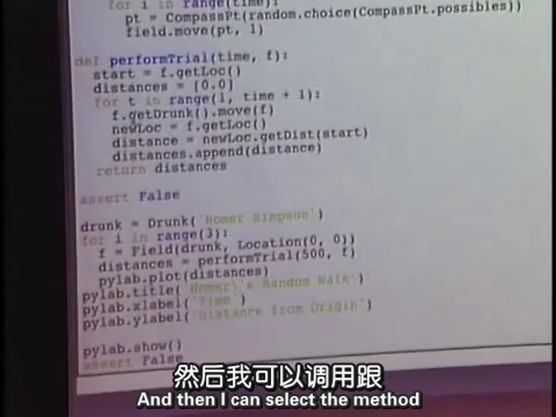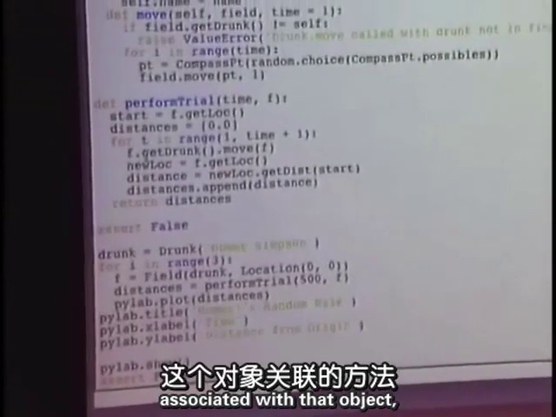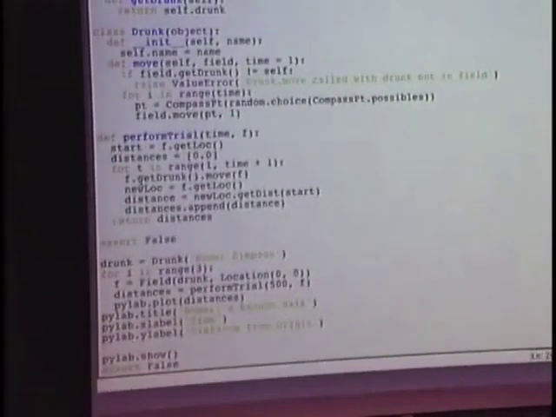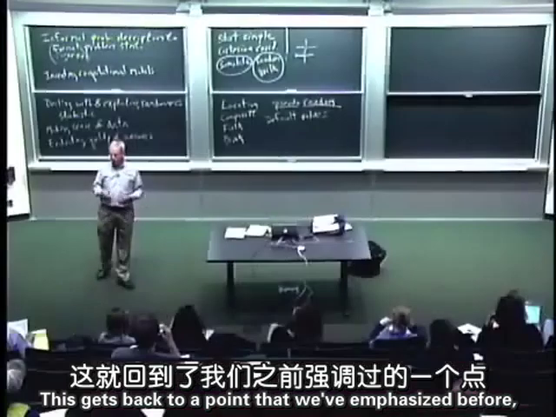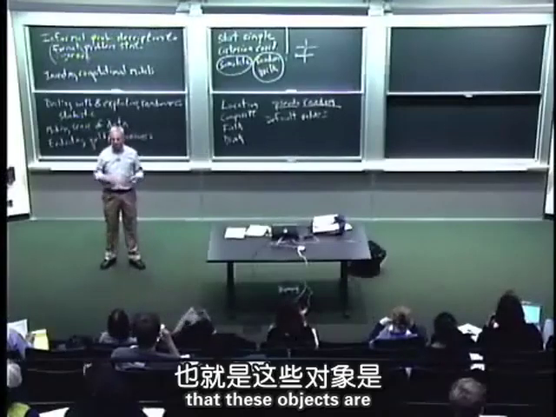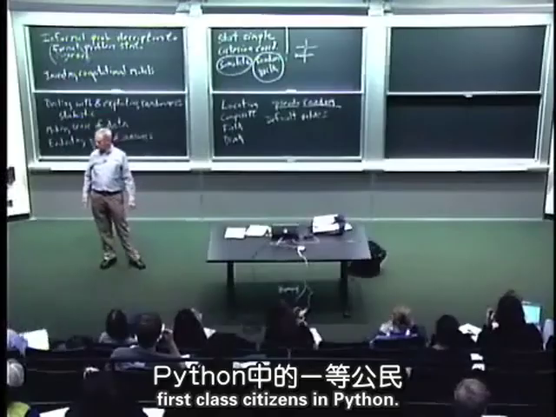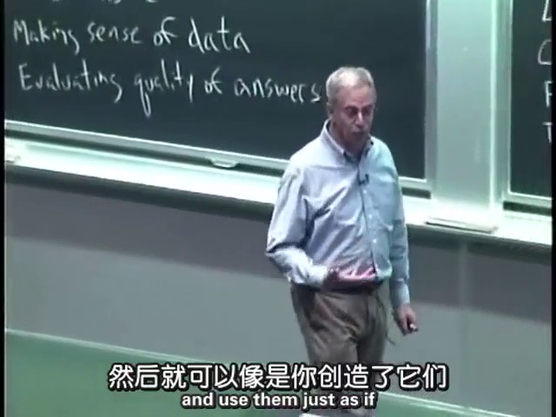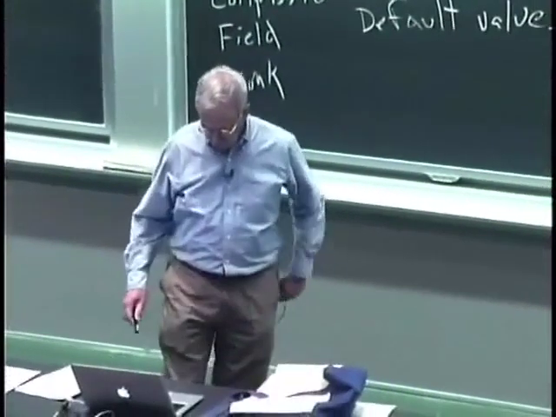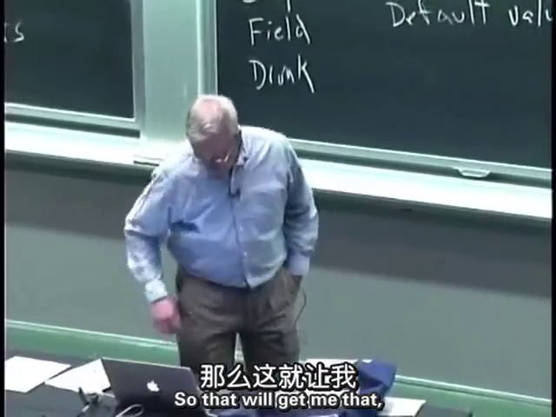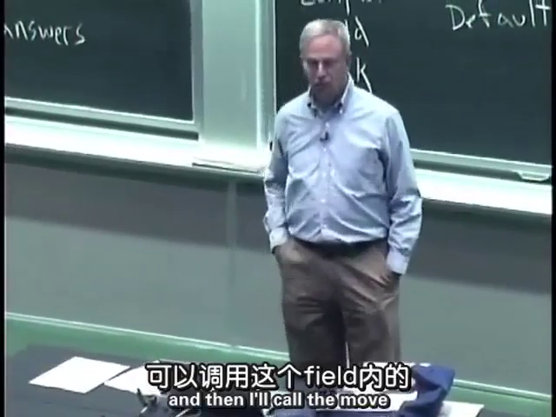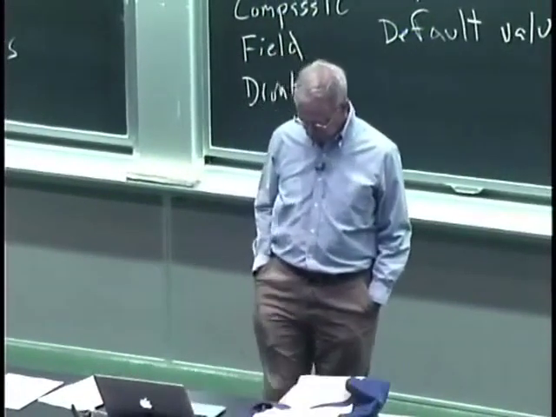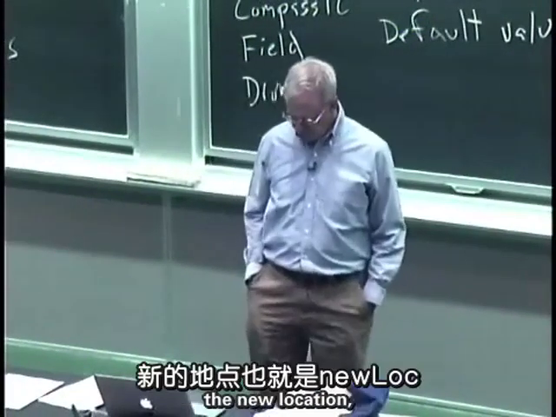And then I can select the method associated with that object, the move method, and move the drunk. This gets back to a point that we've emphasized before, that these objects are first-class citizens in Python. You can use functions or methods to generate them and use them just as if you'd typed them. So that will get me that. And then I'll call the move of that drunk with the field. Then I'll get the location, the new location.